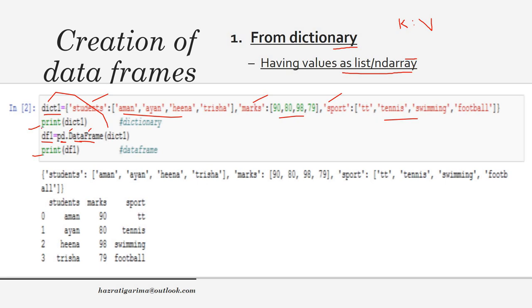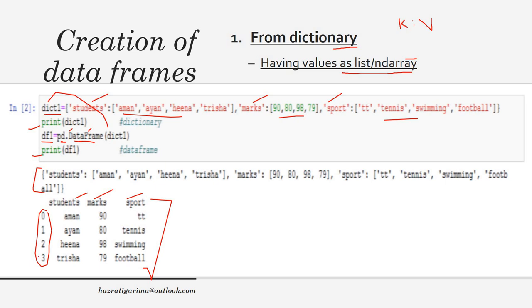So with the first print command, I got the dictionary in the form like this. And as we all know that a data frame is a 2-dimensional structure, after printing the data frame, I get the output like this. Here 0, 1, 2, 3 are the row indexes, or you can say the index labels at axis 0, and students, marks and sports are the column names, or you can say these are axis 1.